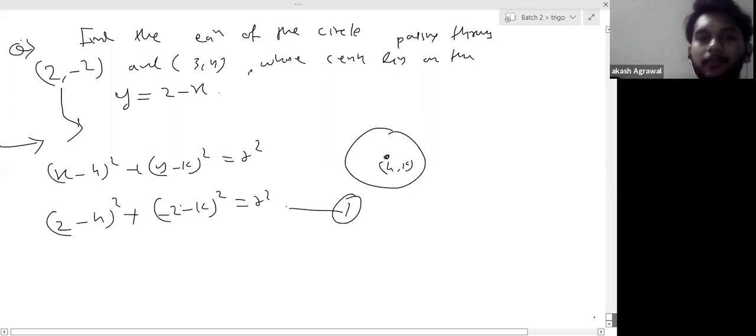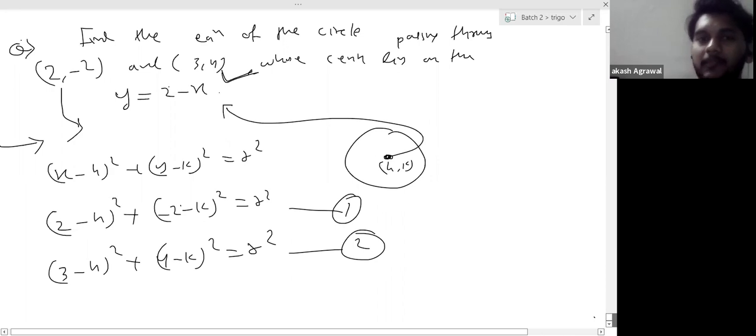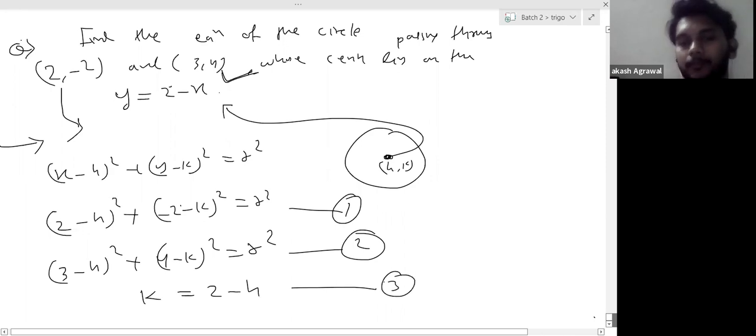This is the first equation. This point is also on the circle. So (3 minus h) whole square plus (4 minus k) whole square equals r square. This is the second equation. Again, the center lies on this line, so it satisfies this line. So k is equal to 2 minus h. This is the third equation.